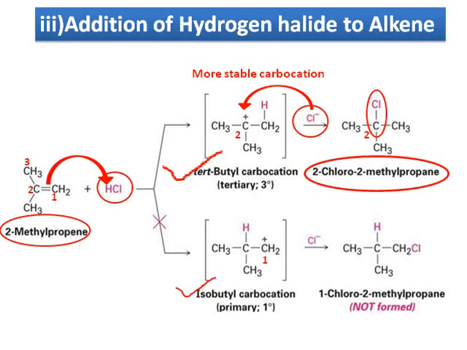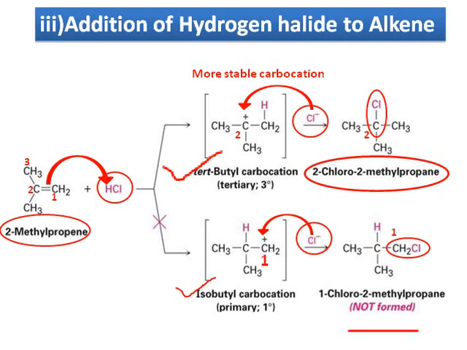But what happens if chloride is added to the primary carbocation? Let's see. In this primary carbocation, positive charge is present at carbon 1, so the chloride ion will be attracted to carbon 1 and form a bond with carbon 1, and we get the product 1-chloro-2-methylpropane.